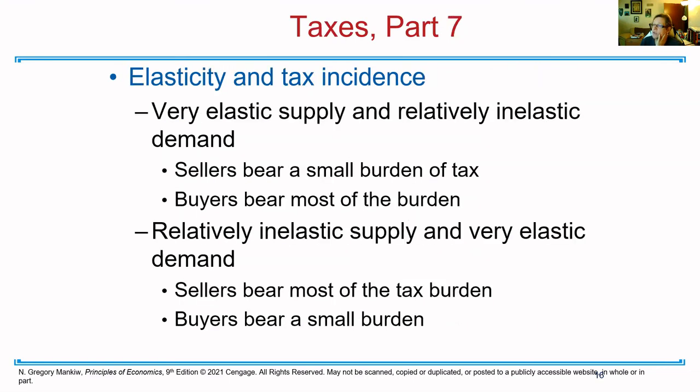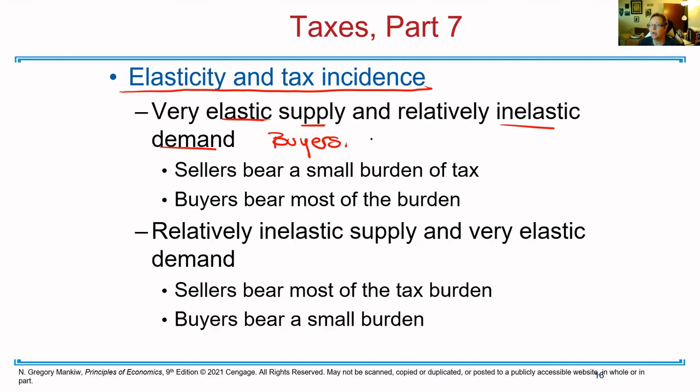Okay, so elasticity determines tax incidence. That becomes pretty important. And I really want to make sure that you understand that. So remember, if we have an elastic supply, inelastic demand, who's going to pay more tax? Buyers. Why? Because we can pass the tax on to the buyer and they'll still buy the product.